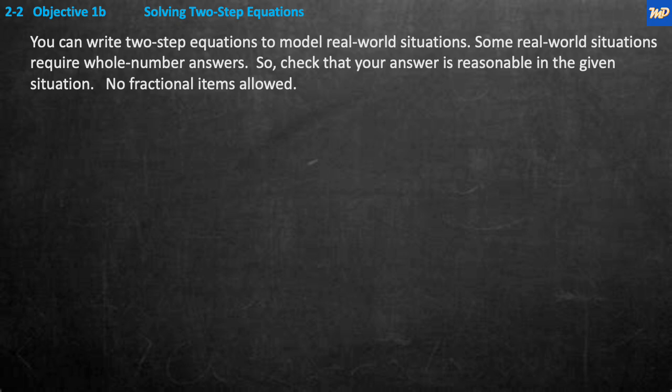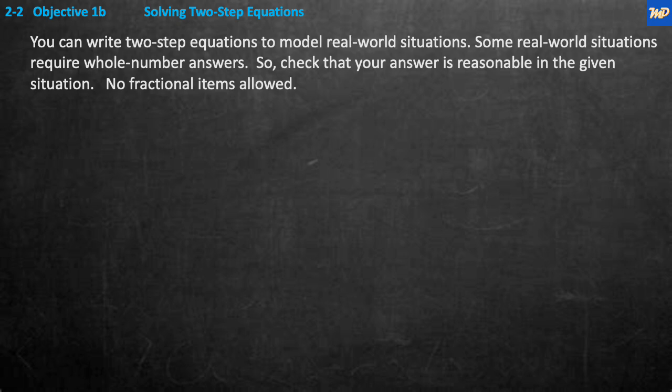But in the real world, what if you're talking about how many people are allowed to go to the fair or get on the bus? You can't say, oh, 35 and a half people can get on the bus. You have to round it down and say 35 people can get on the bus, right? So that's what they're implying here, require whole number answers.